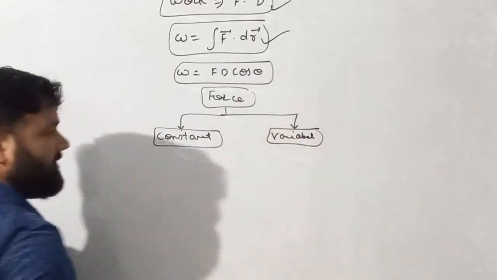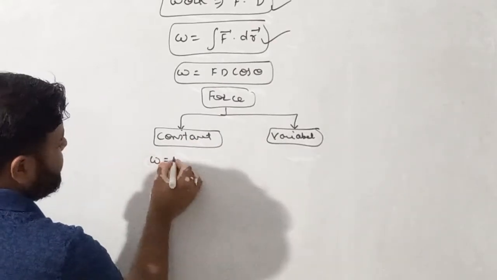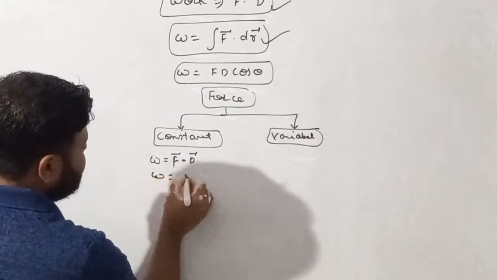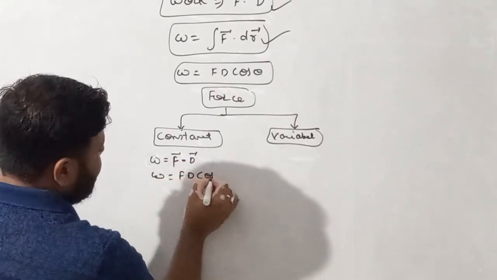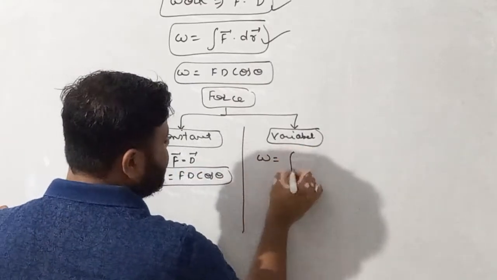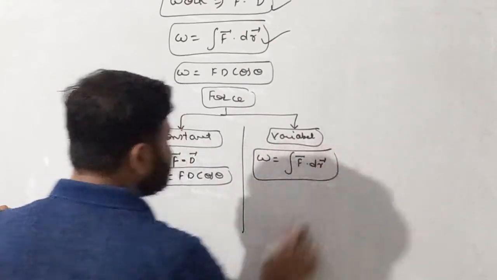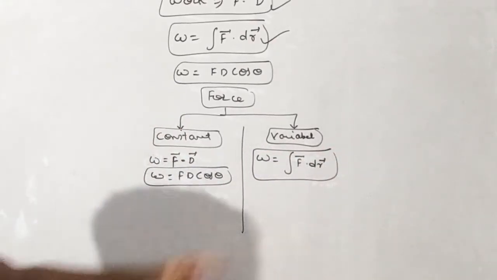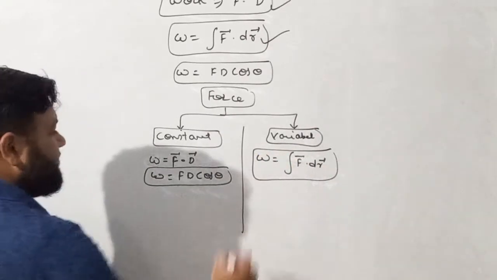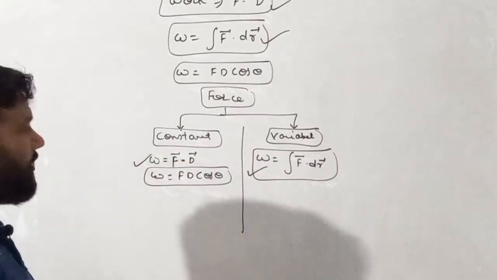If force is constant, the formula of work done is simple: W is equal to F vector dot D vector, or W is equal to FD cos theta. And if force is variable, we have to use the method of integration, that is W is equal to the integral of F vector dot dr vector. So this is work done by variable force and this is work done by constant force.